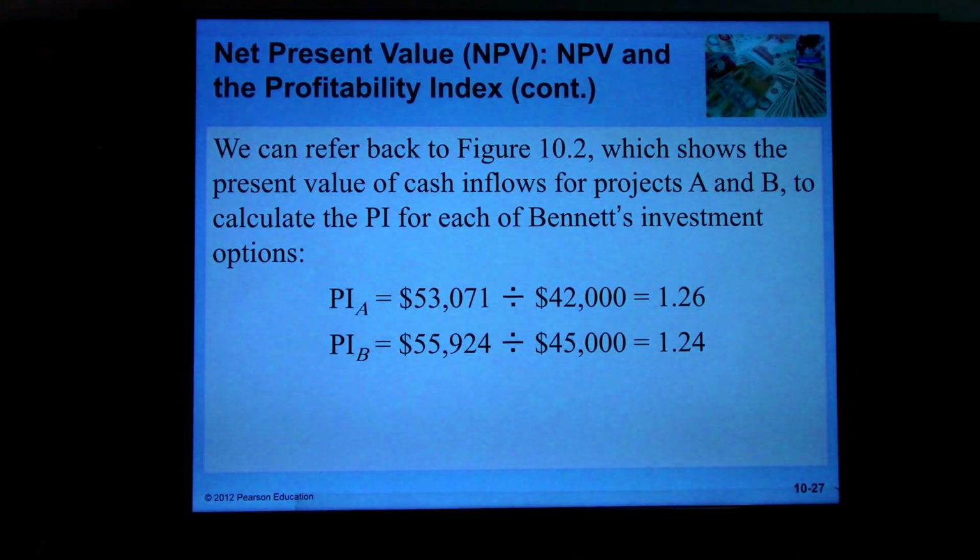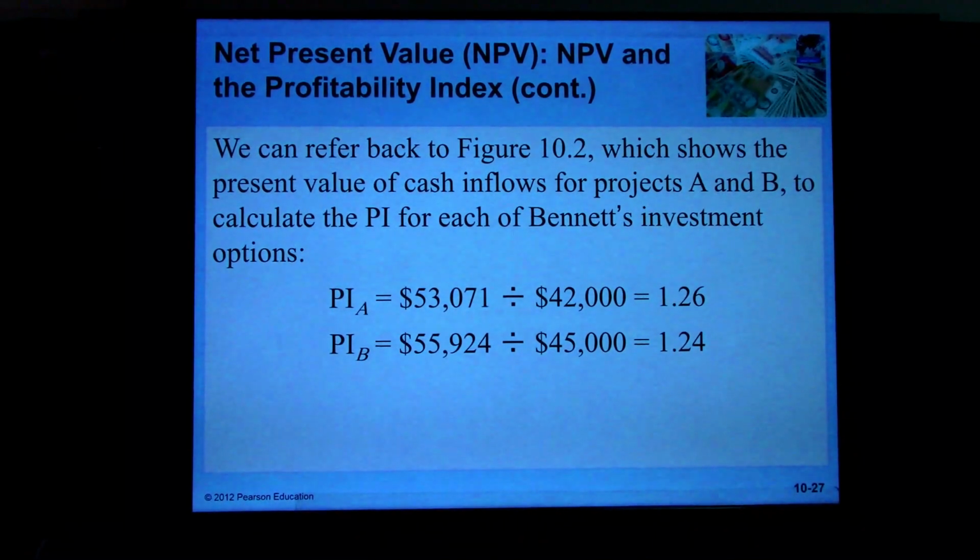By implementing this on our project A and project B, as you see, in project A, the profitability index of A is equal to the PV of cash inflow divided by the initial investment. This is equal to 1.26. In project B, the profitability index is equal to 55,924 divided by 45,000. In this case, it will be 1.24.